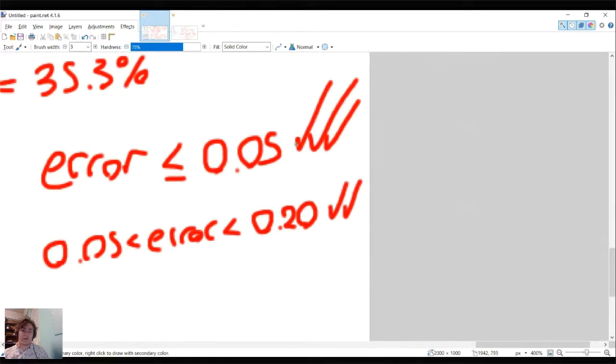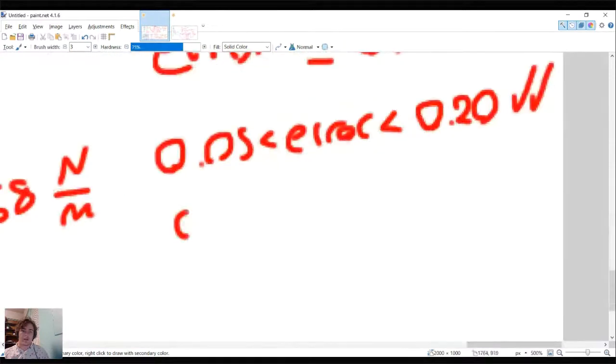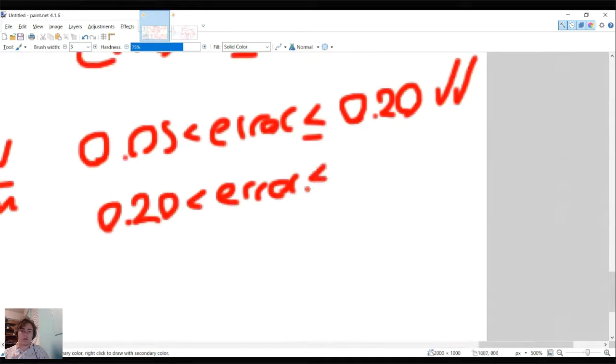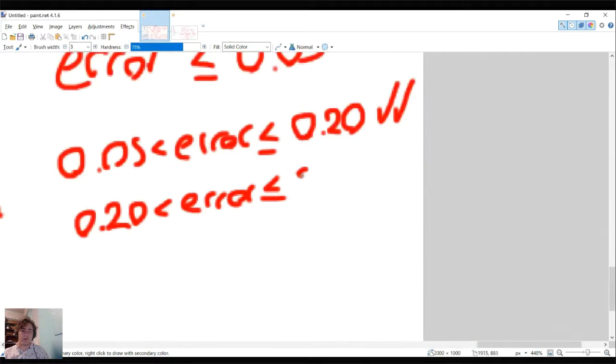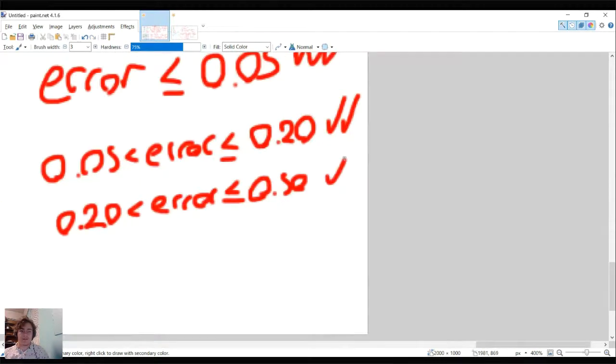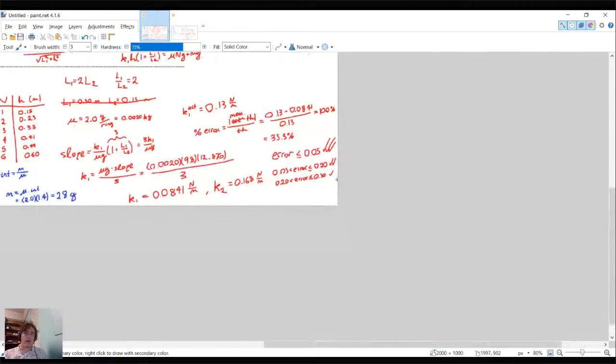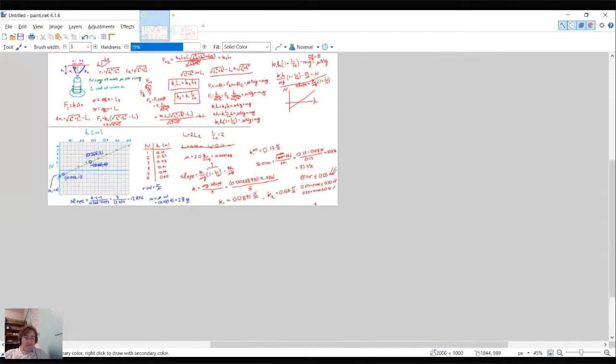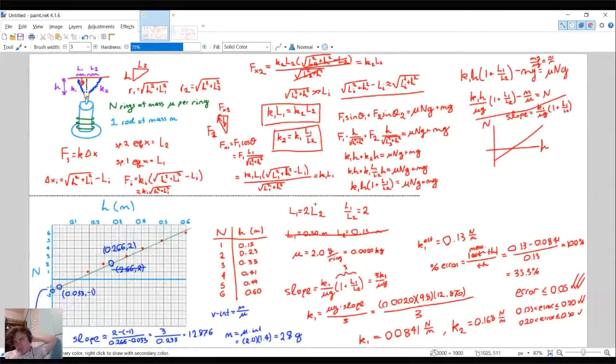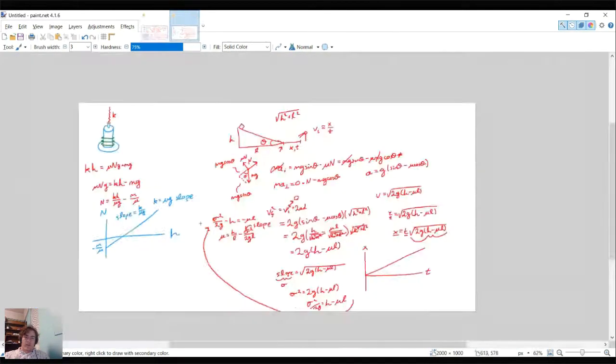Between 20% and 50%, nah. And if your error is over 50%, you're not doing well. That means you probably did something wrong. I got a percent error of like 128% one time in a physics 1 lab, which wasn't fun.